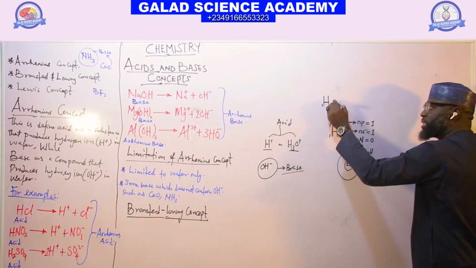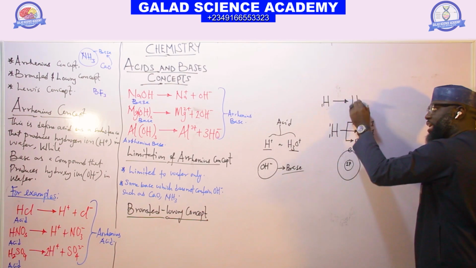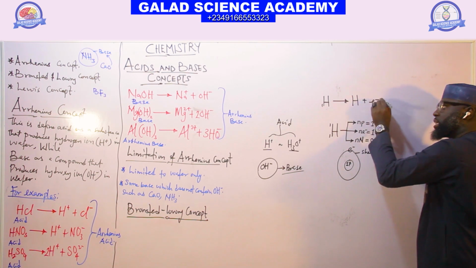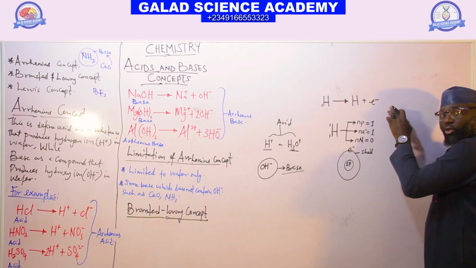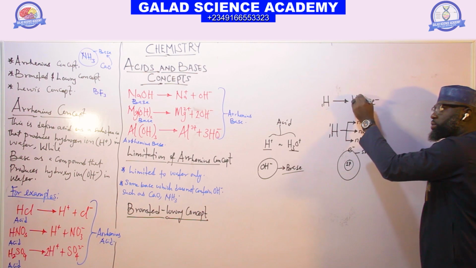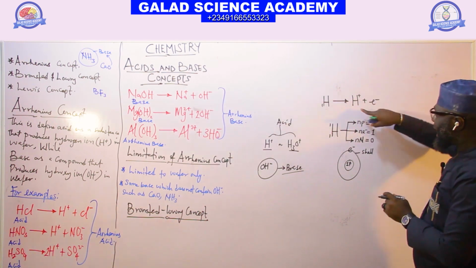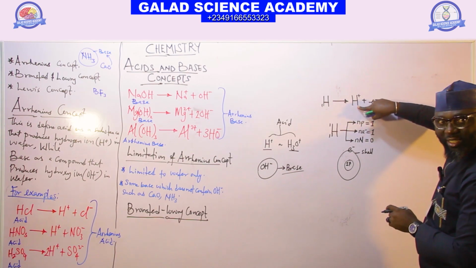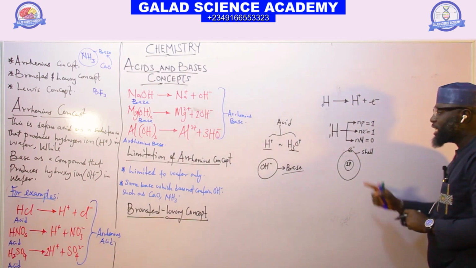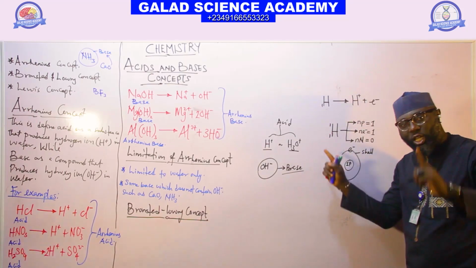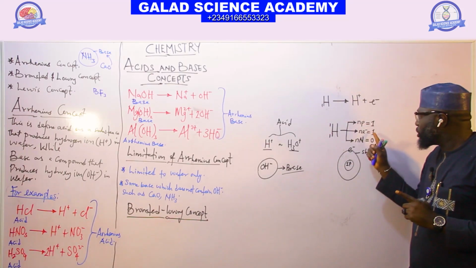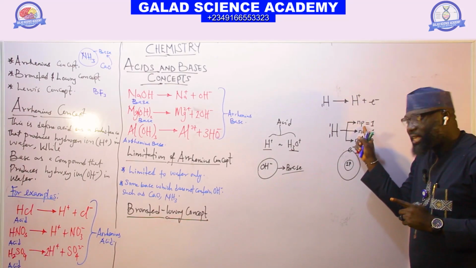When it is ionized like this, it will release 1 electron out. It will become H plus. So inside this H plus of hydrogen, I said a normal hydrogen atom contains 1 electron and 1 proton.